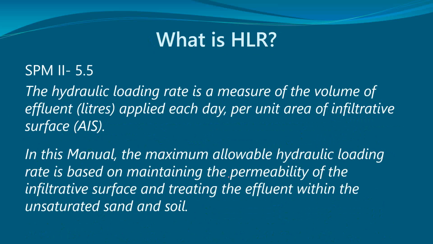In other words, loading it with a suitable volume of effluent that it will actually be permeable, that it will actually draw away the liquid without significant ponding. The other issue is to treat the effluent, soil-based treatment, within the unsaturated sand and soil. So if we made the system too small, then neither of those two things would happen.